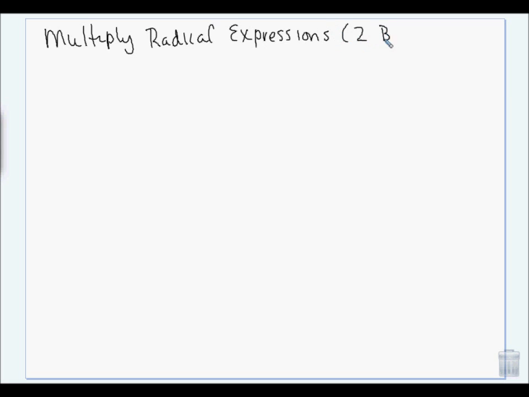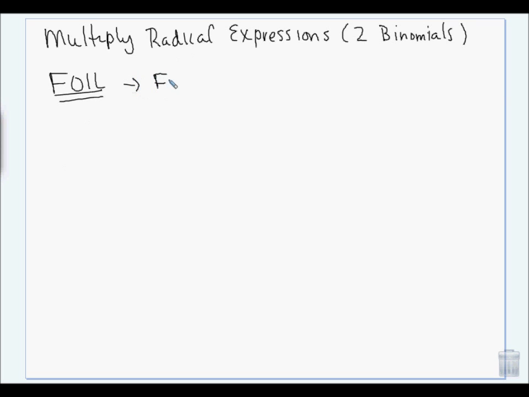And we are going to talk about multiplying radical expressions. But this time we have two binomials. And we have our good friend FOIL coming back.